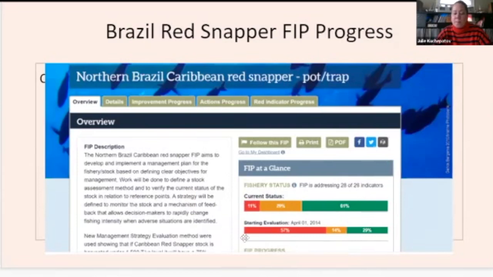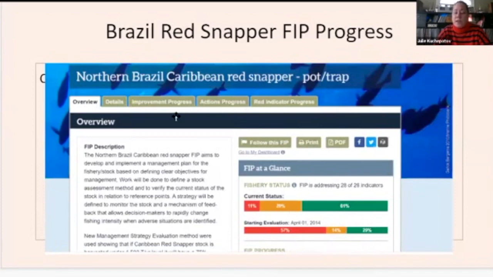But this is the beginning status, and so they were very much red. And so the amount of work that they've done, I can't see in the timeline there. Oh, it's from 2014. So that started in 2014. This is what they looked like, and then they've been continuously working, trying to get that red less and less. And they seem to have done a really good job.